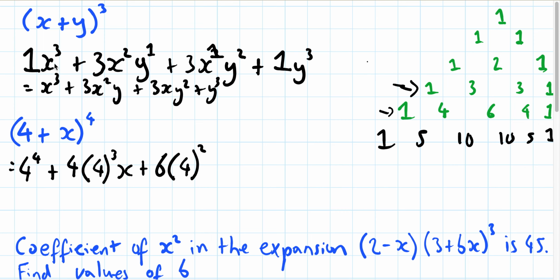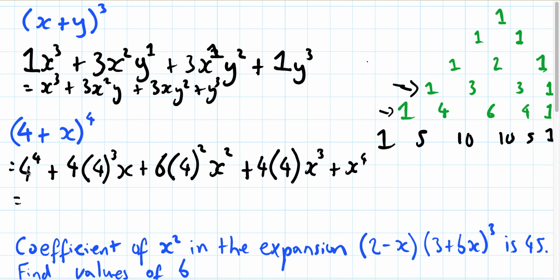So each time, the first term is losing 1 power, and the second term is gaining it, times x to the power of 2, add 4 times 4 to the power of 1 times x to the power of 3, add coefficient 1, x to the power of 4.